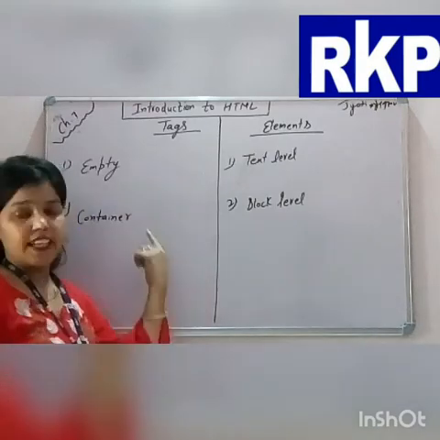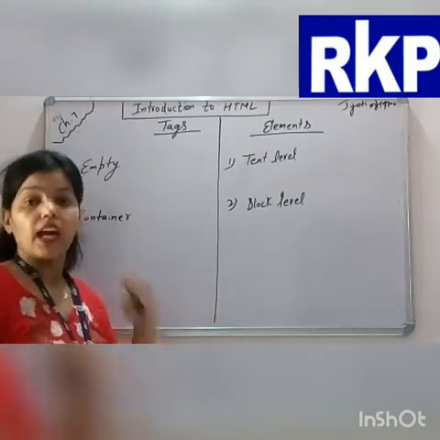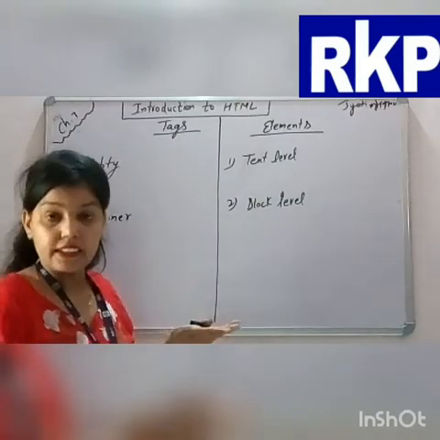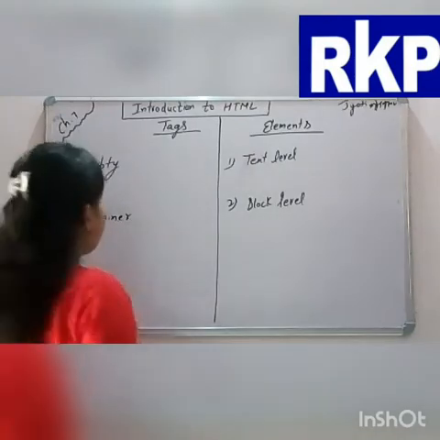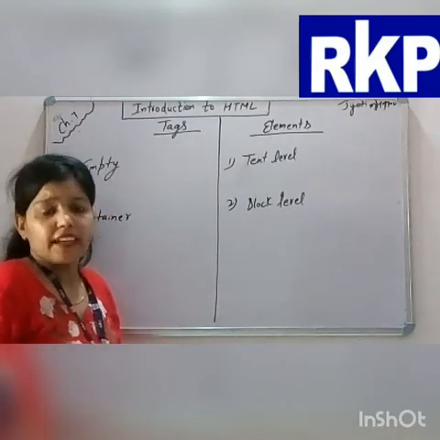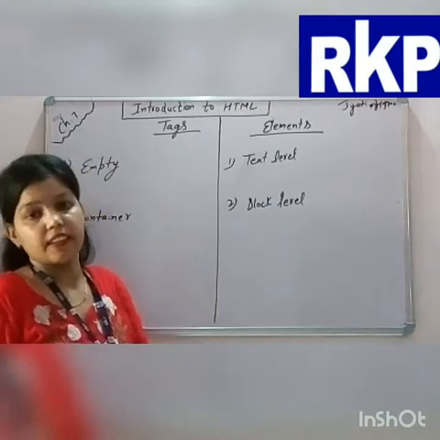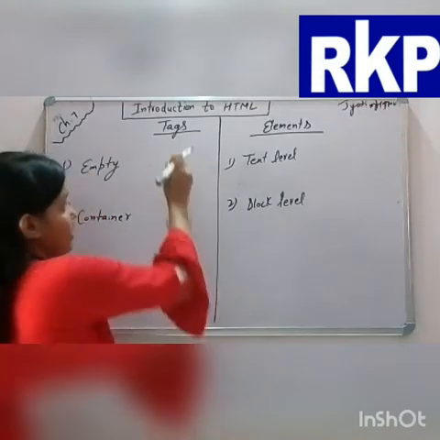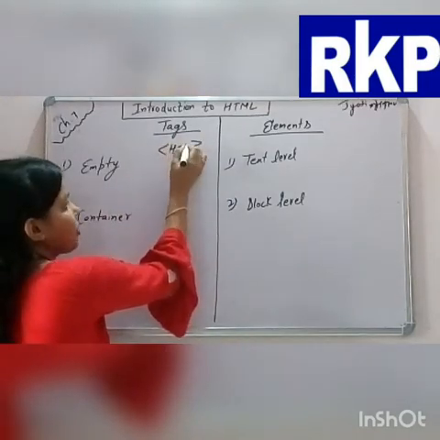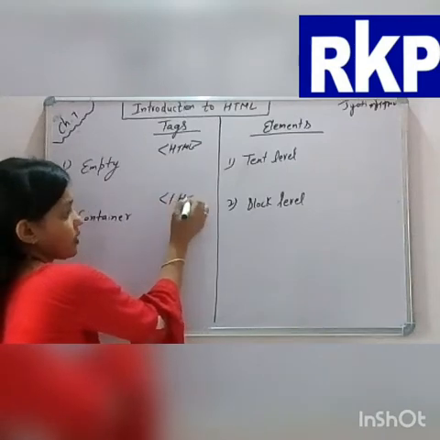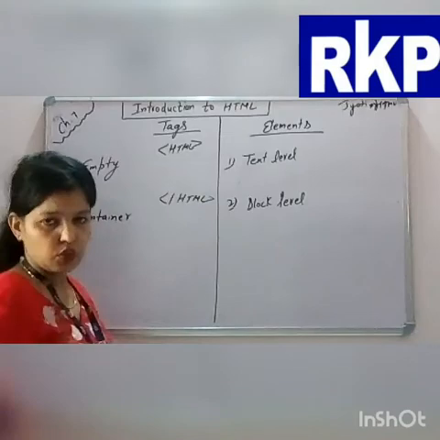Students, basically we have two types of tags, empty tag and container tag. Empty means khali, blank. Container means having something. If a tag is having an opening and a closing part, you have to open it and then finally you have to close it.